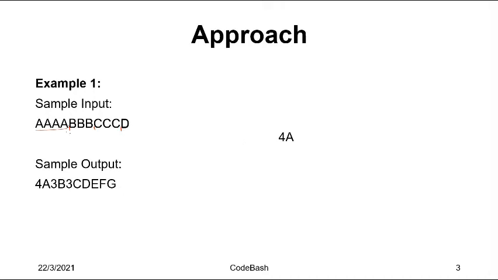Then we repeat the same process for all the characters. Then we replace the three B's by 3B, and similarly for C. Our condition is that there should be at least three consecutive characters. Here D is alone, so we just add it as it is.